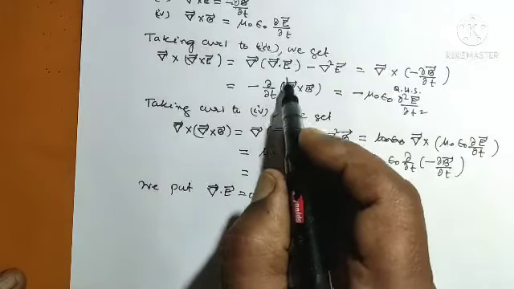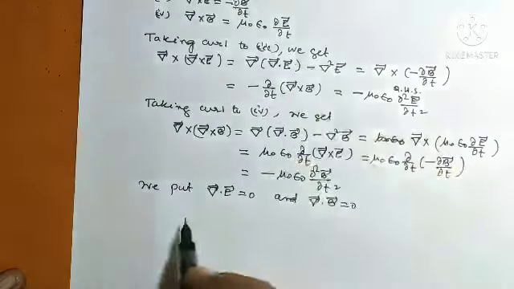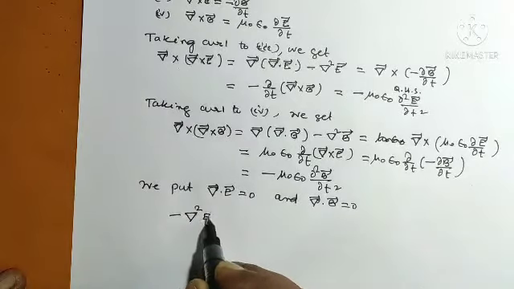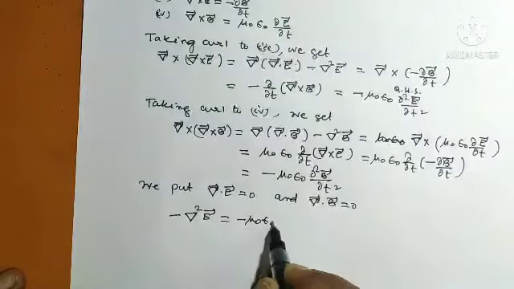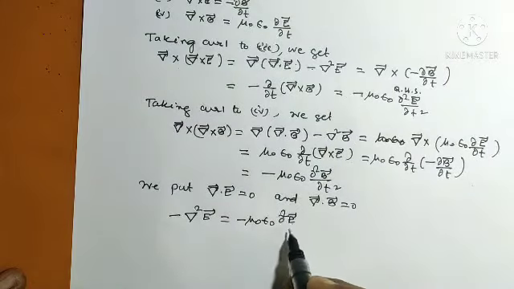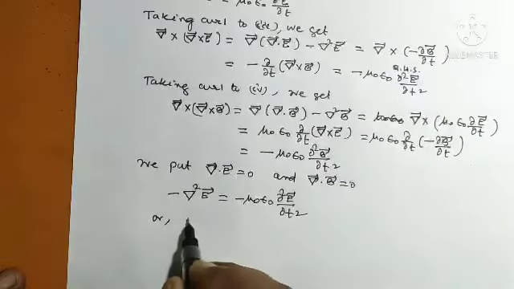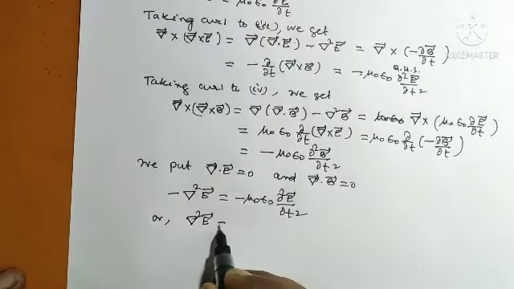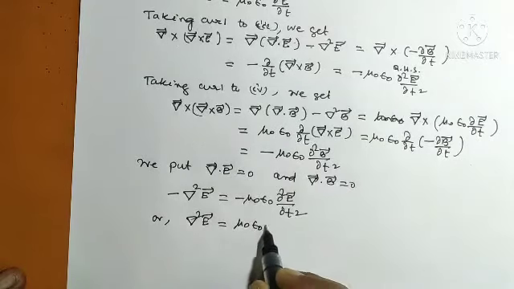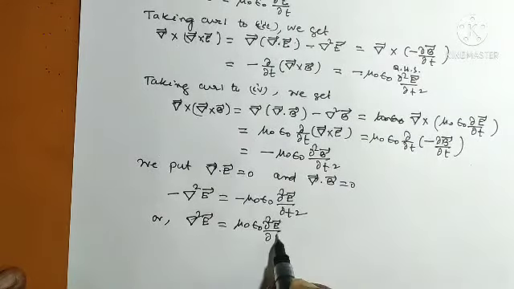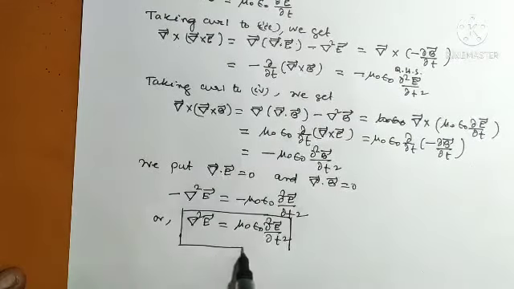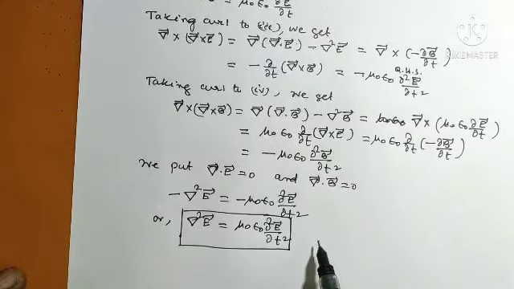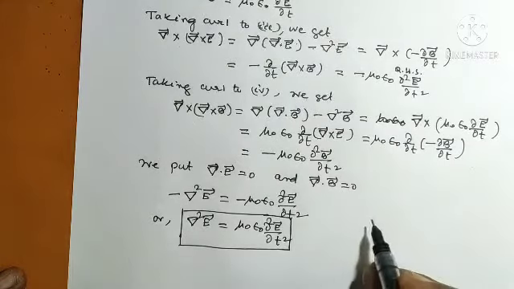So the first one, with div E equal to 0, means minus del square E is equal to minus mu 0 epsilon 0 del square E by del t square, or del square E is equal to mu 0 epsilon 0 del square E by del t square. So this is the wave equation for electric field in free space.